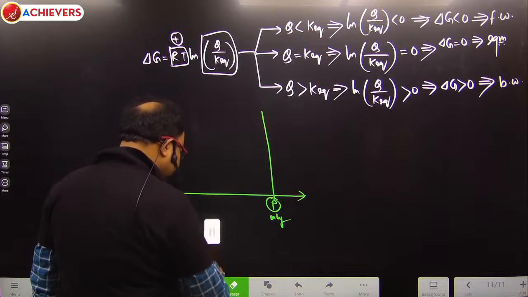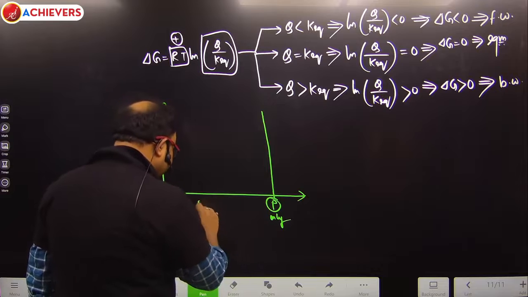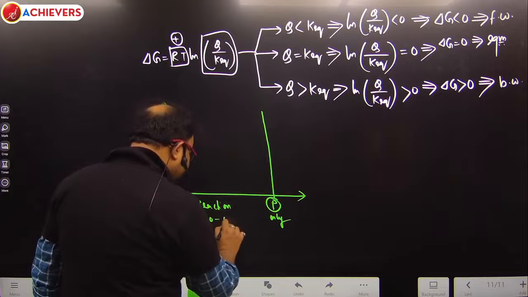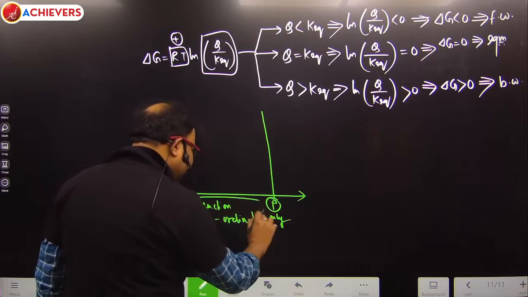And let us replace the time axis by reaction coordinate. Reaction coordinate is nothing but the time axis.